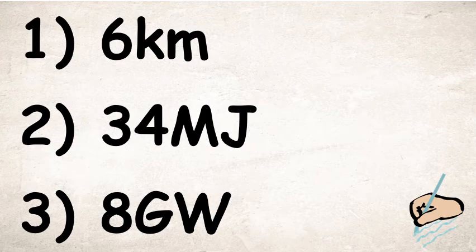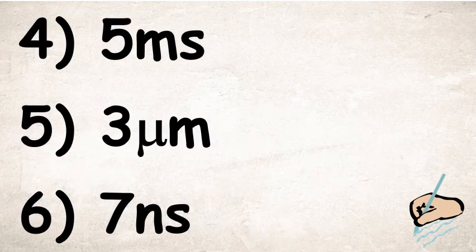Okay, first we have 6 kilometers, 34 megajoules, 8 gigawatts. And then we also have 5 milliseconds, 3 micrometers, and 7 nanoseconds. So those are your questions. Try them out quickly.